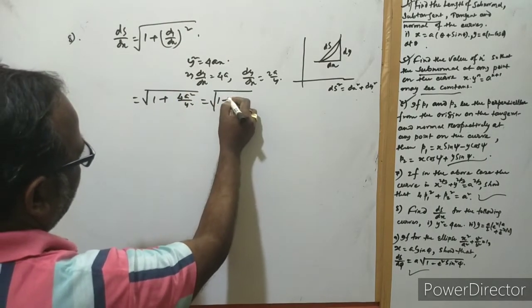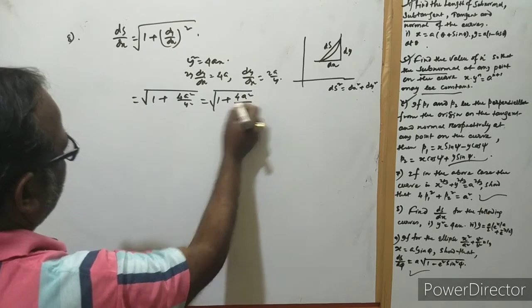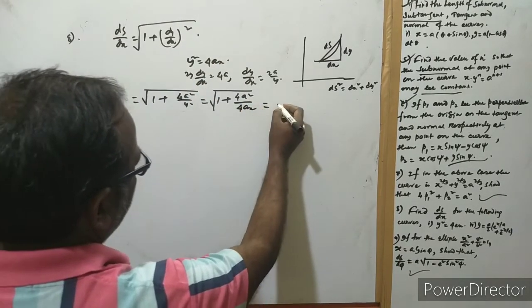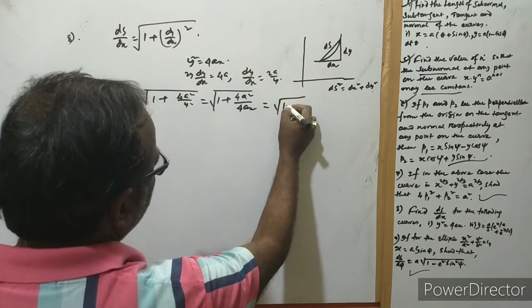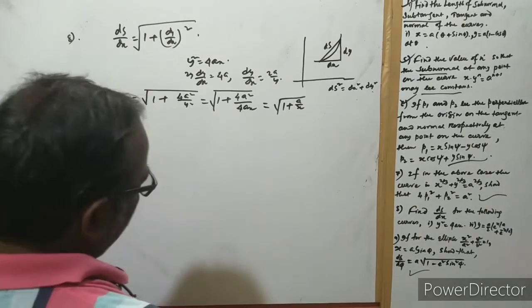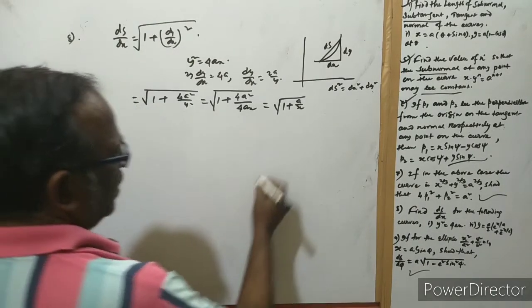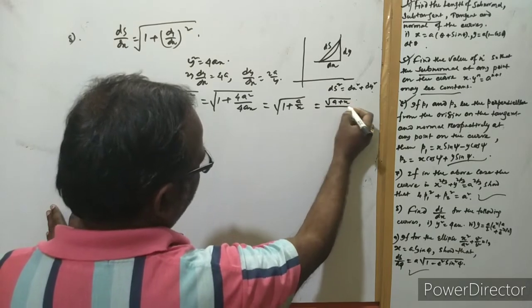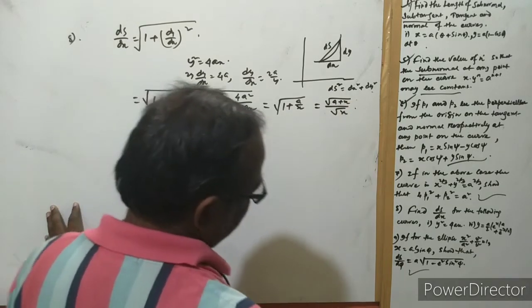So 4a square by y square means 4a square by 4ax. Okay, so we get the answer 1 plus a by x, actually a by x here. So this is root over a plus x by root x actually.